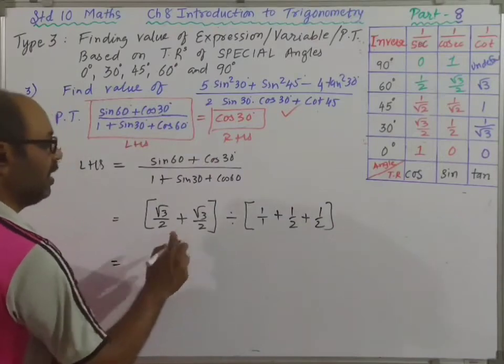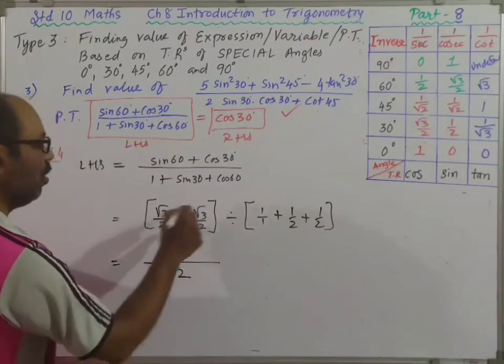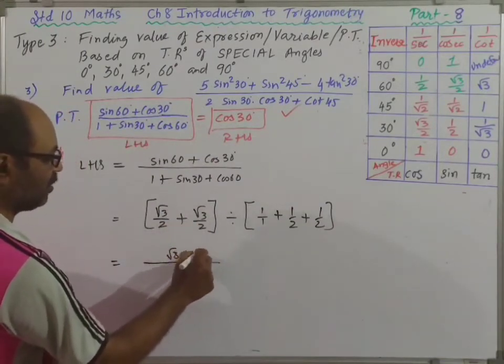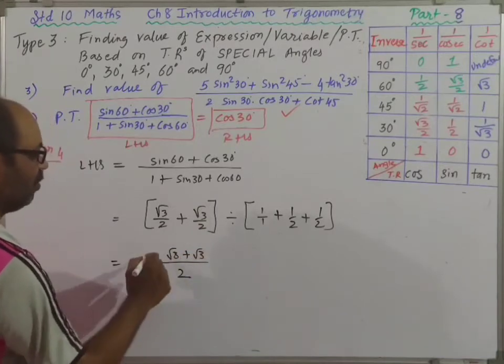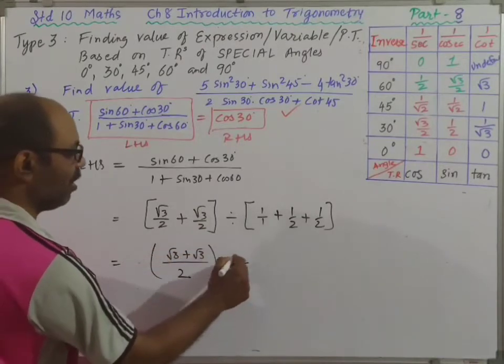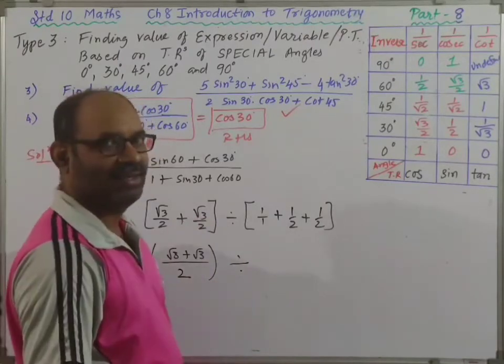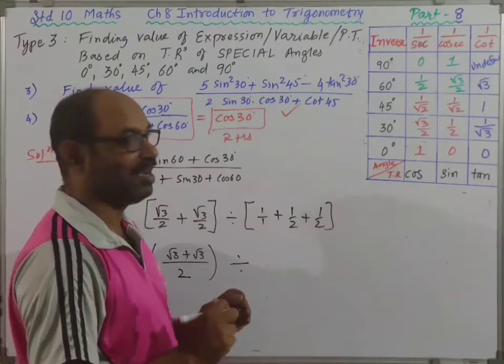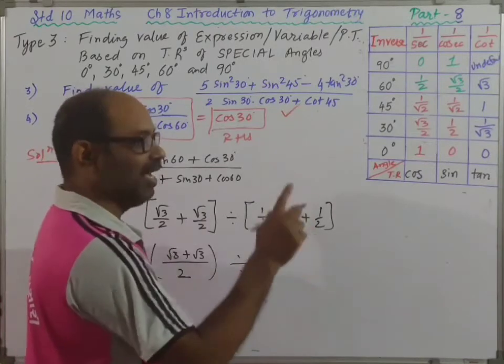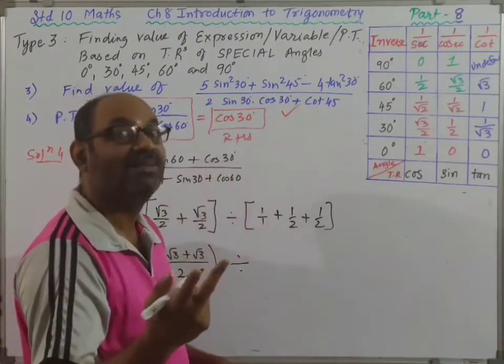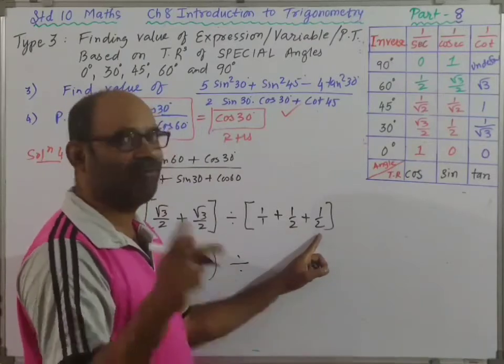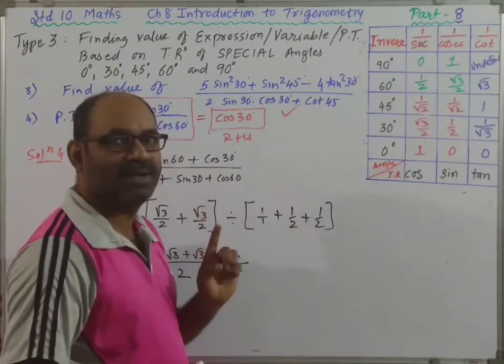That is equal to, here write 2 and straight away root 3 plus root 3, because of like denominators. Small bracket I am using now, or you can continue with the large bracket. Children, here a simple mental calculation can be done. Half and half, one and one, two. Half plus half is 1 and 1 plus 1 is 2.